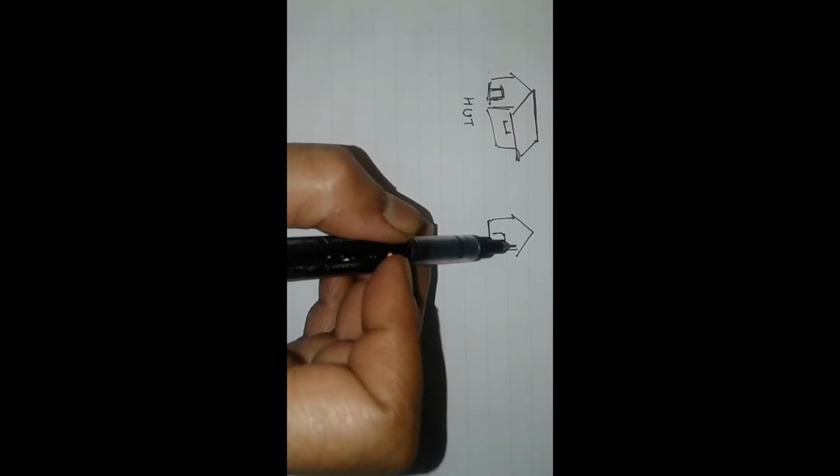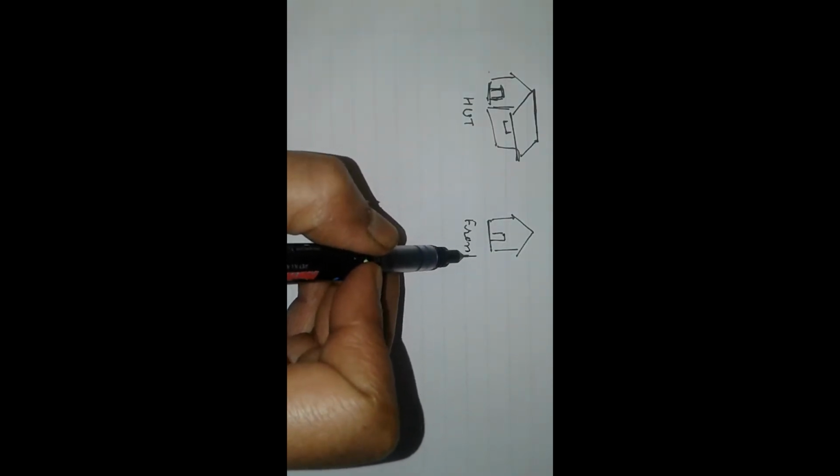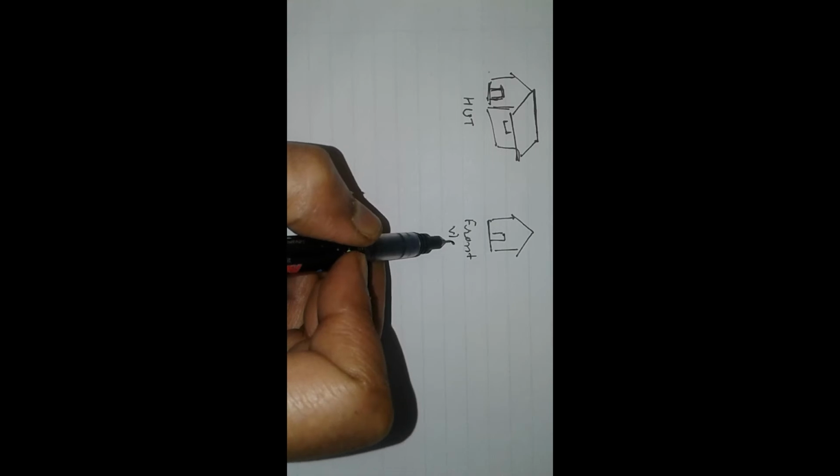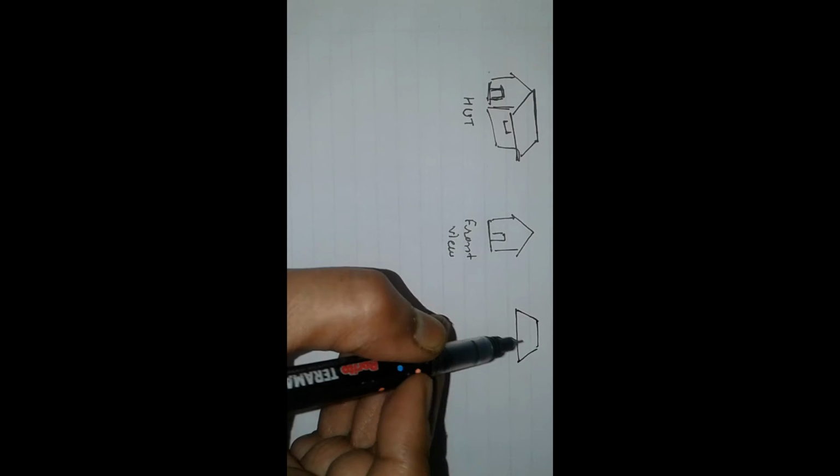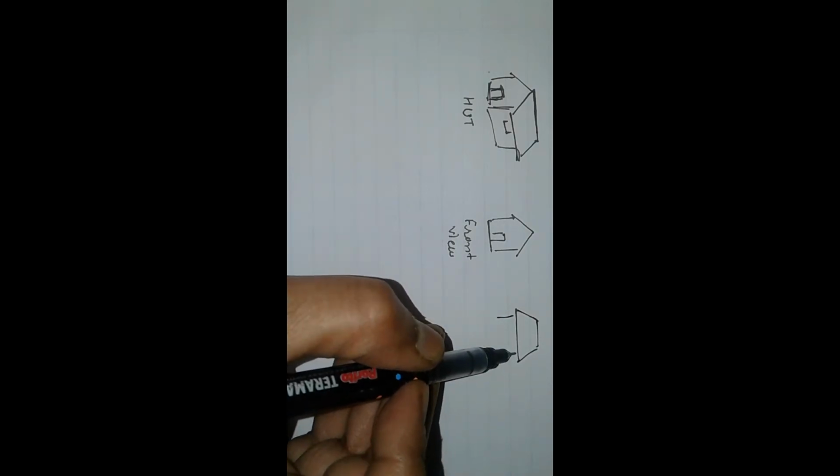this, this will be the front view. Now, if you draw like this, this is the side view.